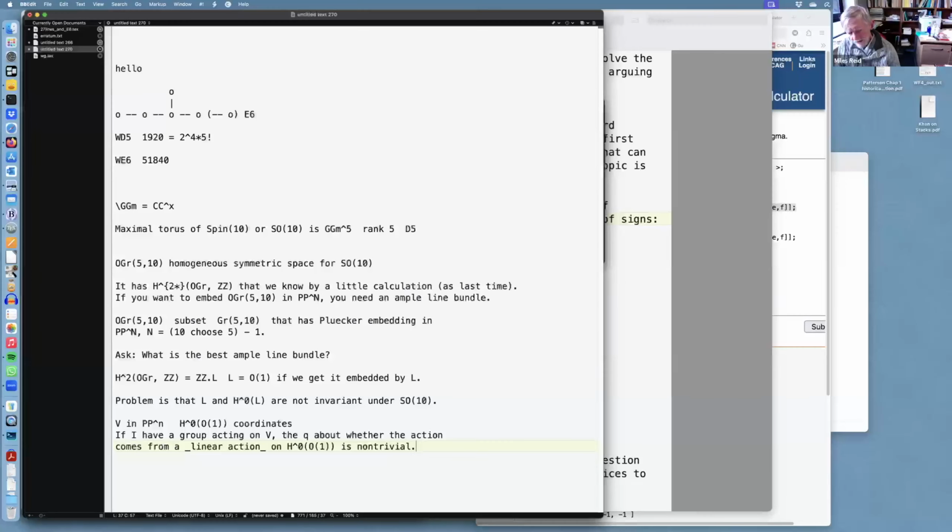Right. So the thing that always happens is there always exists a central extension of G that acts on the coordinates, but not G itself.